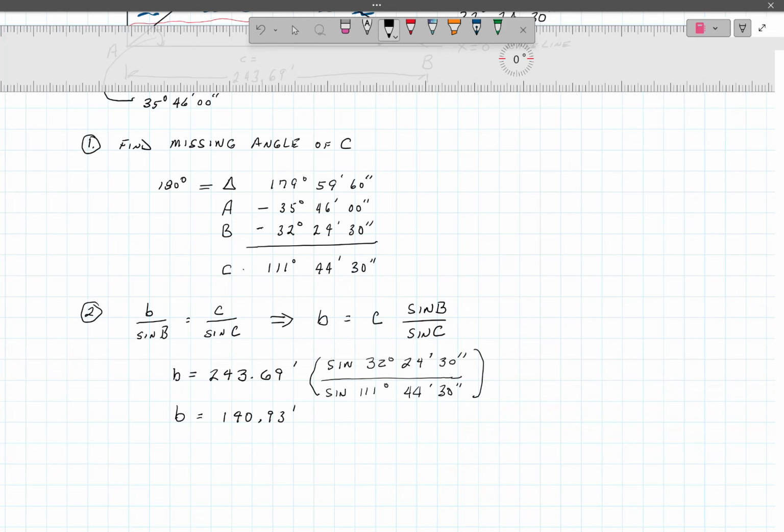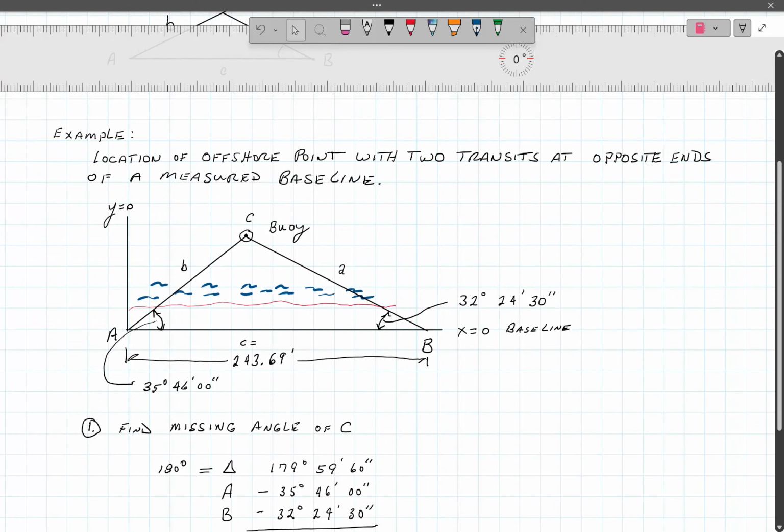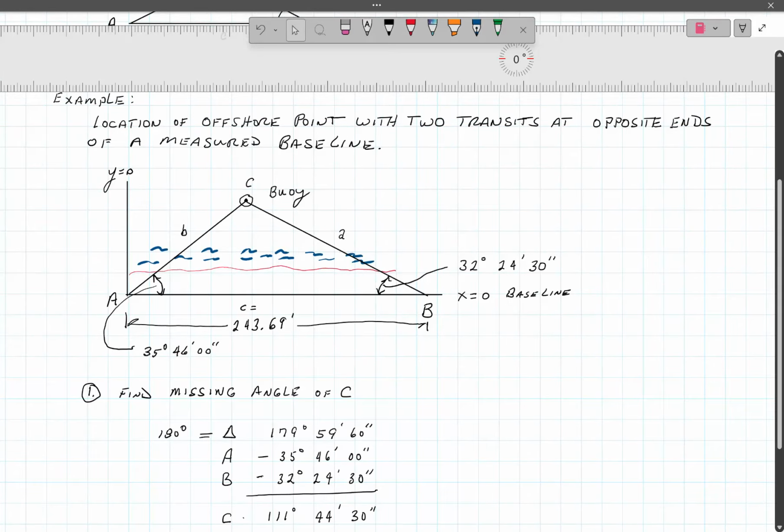Next thing we need to do is, what did I ask you up here in the problem statement? Location of the offshore point. Oh, okay. What I'm actually looking for is this.